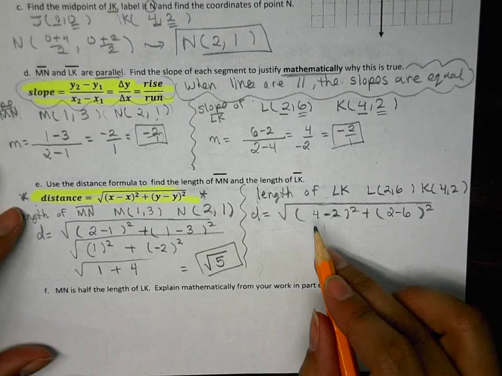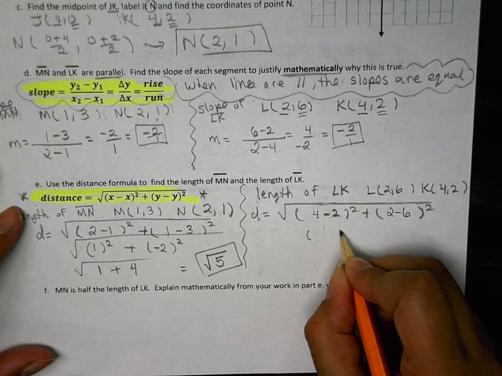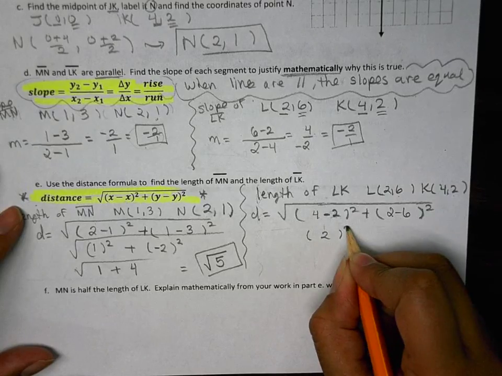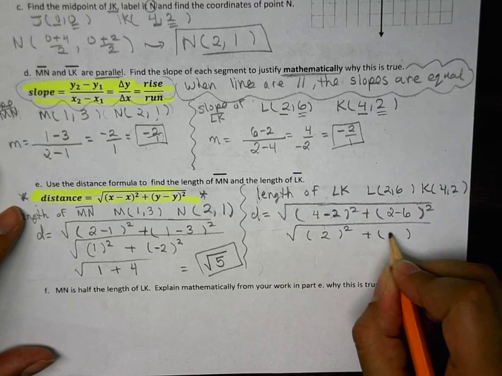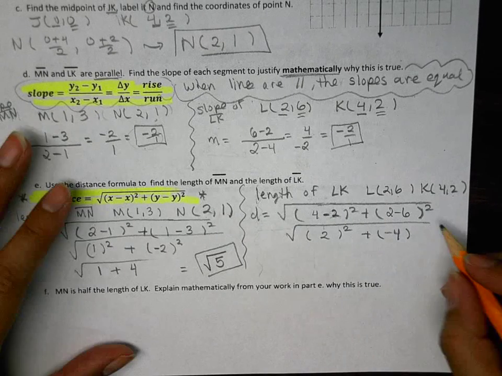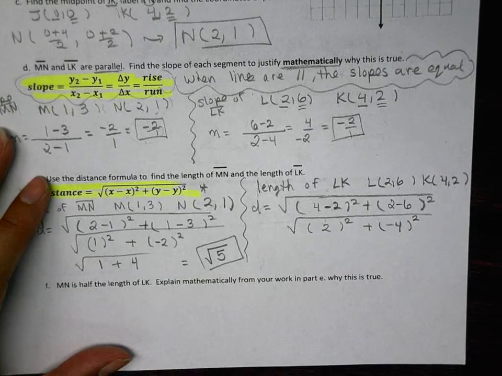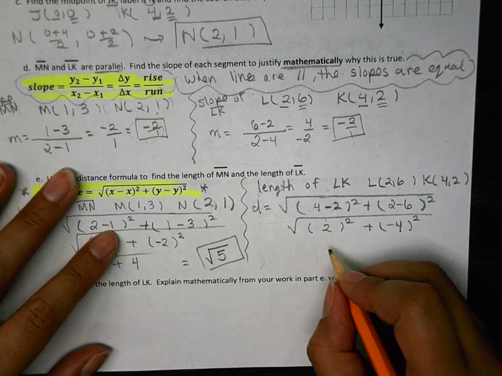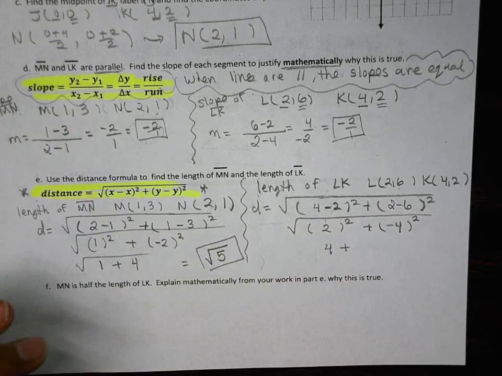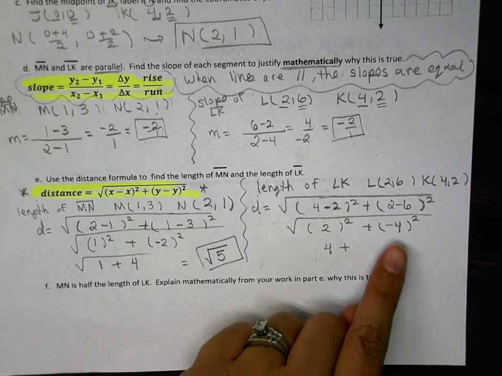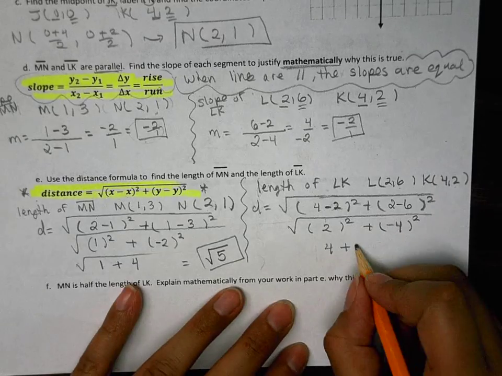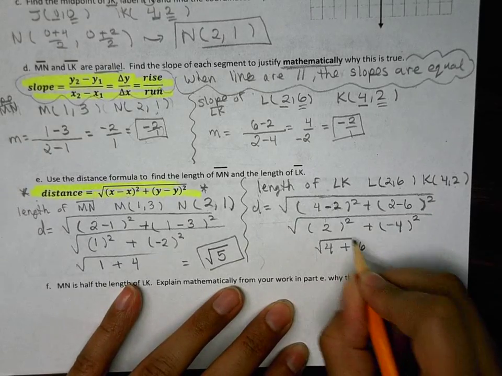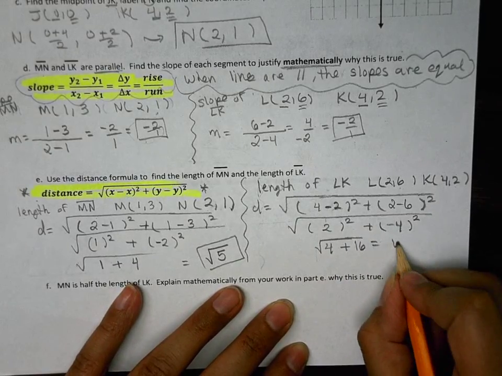What's 4 minus 2? 2 squared plus what's 2 minus 6? Negative 4 is correct. Good job. And squared. And 2 squared is positive 4. And negative 4 squared in parentheses like this means negative 4 times negative 4, which is 16. And this ends up being the square root of 20.